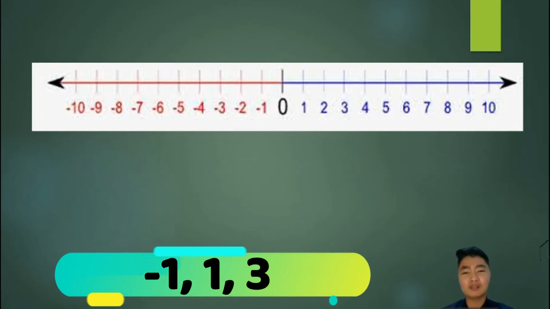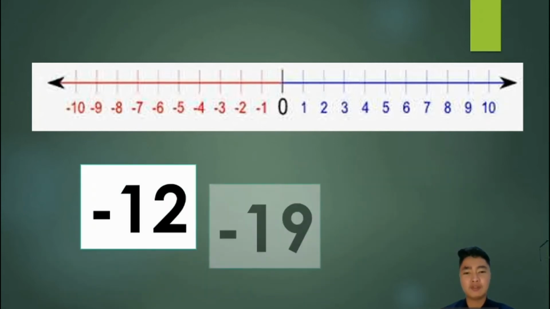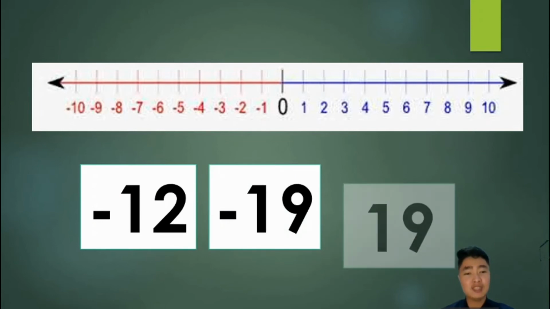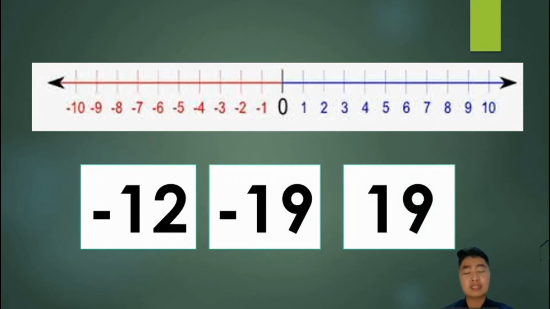Let's try another one. How about if you have negative 12, negative 19, and positive 19? How do you arrange them in ascending order? You can try it for 5 seconds. Alright, I hope you tried it.